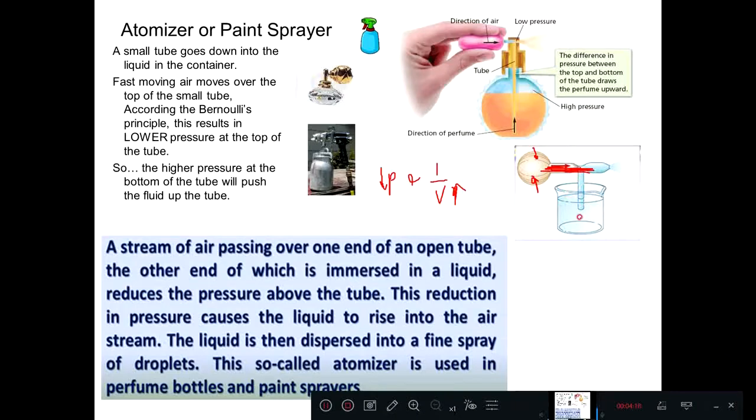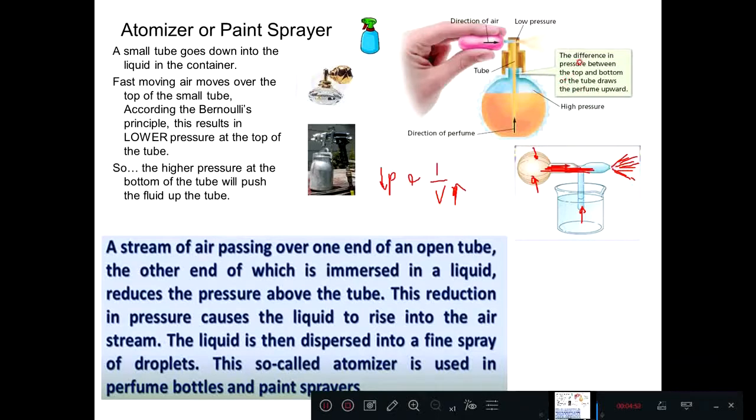Hence there is a difference in the pressure, and the liquid rises in this tube. That is the direction of the liquid in this tube. As it comes up through this tube, the air particles are already moving in this tube with a certain velocity, so along with that, the liquid also gets mixed up and comes out like a fine spray.